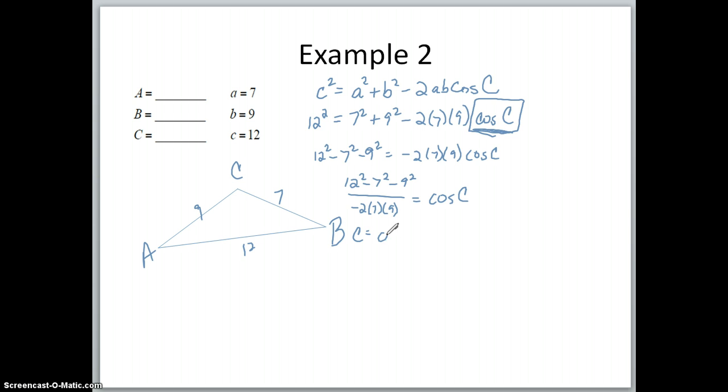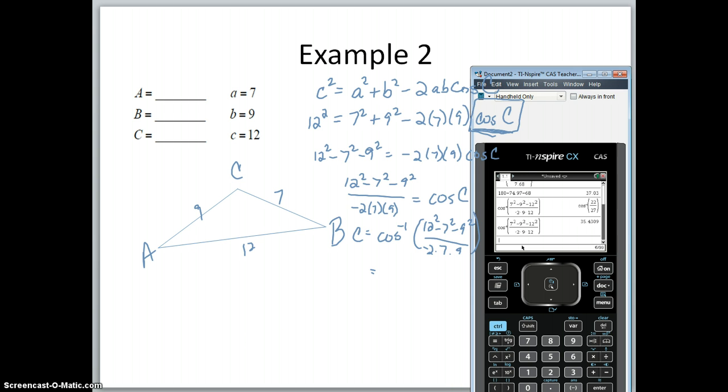So angle C is the inverse cosine of 12 squared minus 7 squared minus 9 squared over -2 times 7 times 9. And we will enter that in our calculator and see what that gives us.